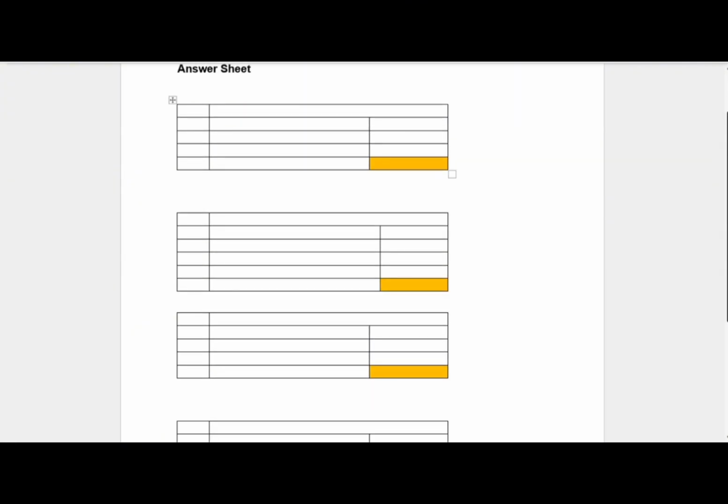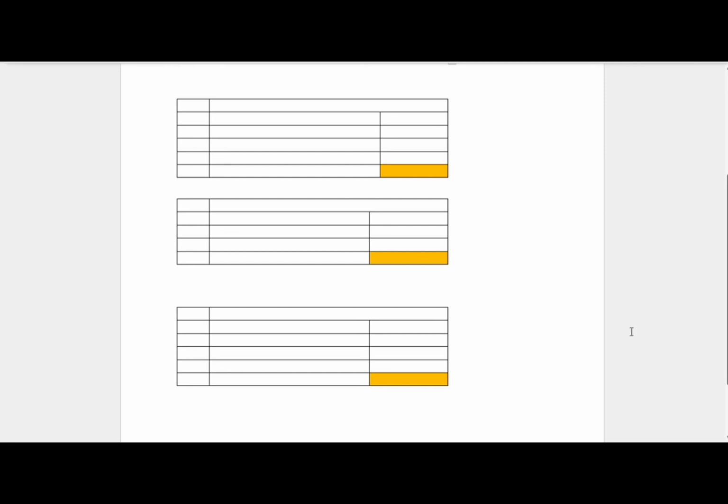So remember, we are given manufacturing cost. So we need to know the formula. How did they get to manufacturing cost?